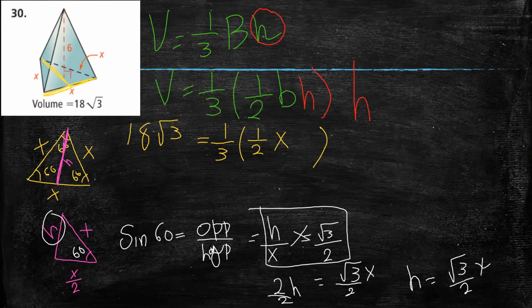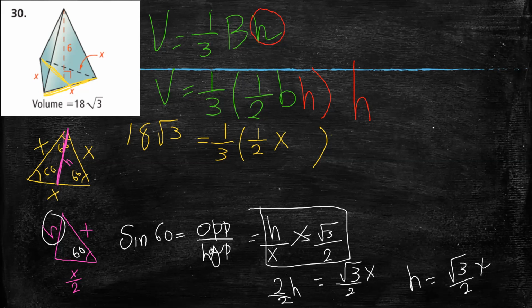Now, why did I make it like this? Because I need to express h in terms of x. I didn't want to keep it as x equals something h. I want both the height and the length of the base with a variable x. Because I have only one variable to find, I need only one equation.